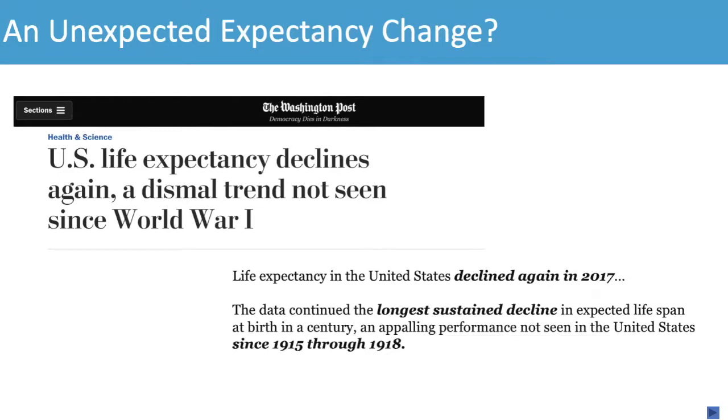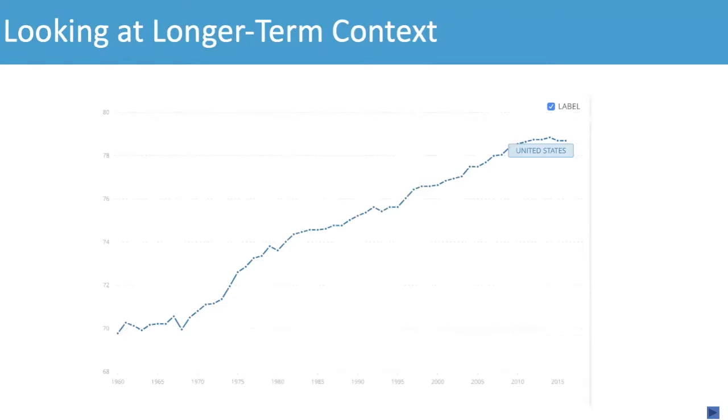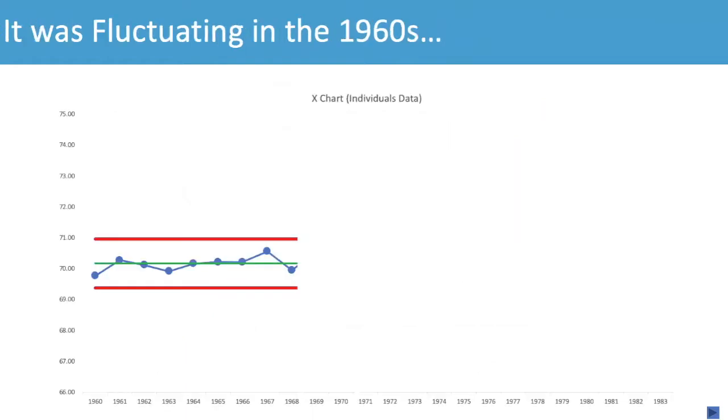But let's take a look at a longer term context. Here's a chart that shows US life expectancy going back to 1960. So it's gone up quite a bit since then. But what about some of the sub-trends or the longer-term trend? If we go back to the 1960s, we can draw a process behavior chart that shows it looks like it was just fluctuating around a flat average of just a little over 70 years.